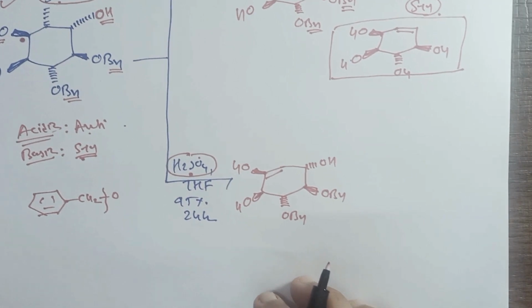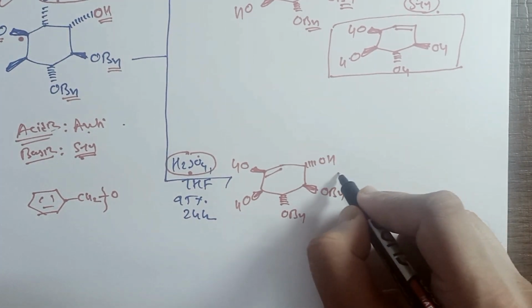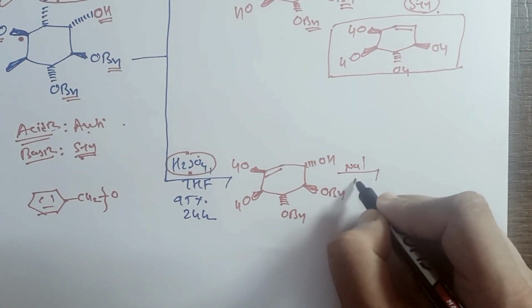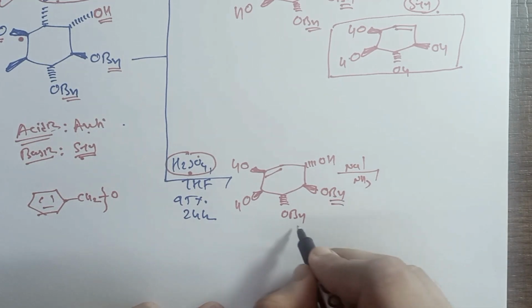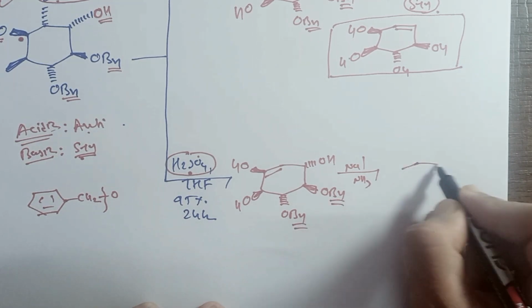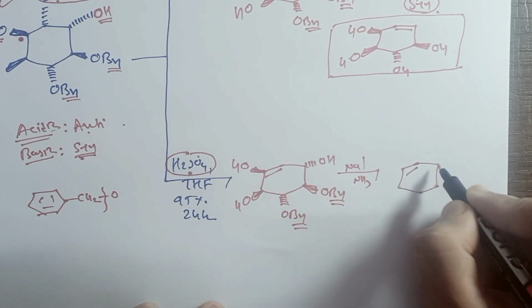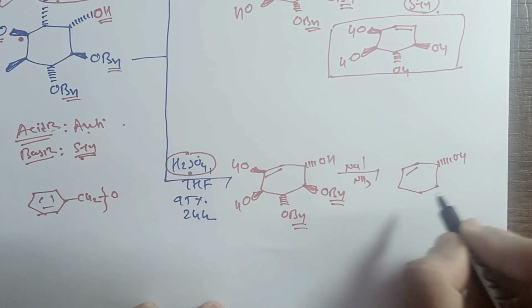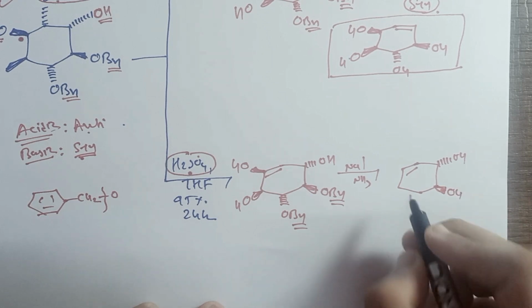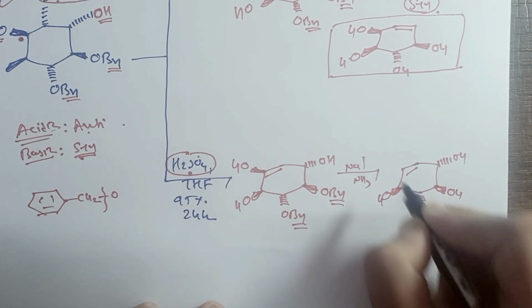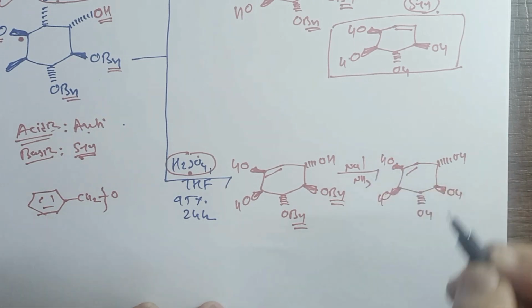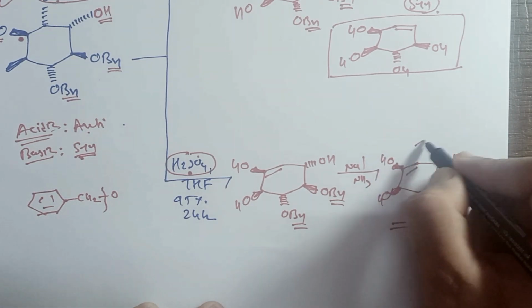Now when it is reacted with another mole of sodium in the presence of NH3, this Bn group will be converted into the OH group, and we get this type of product with OH groups over here, over here, and over here. So this is our product.